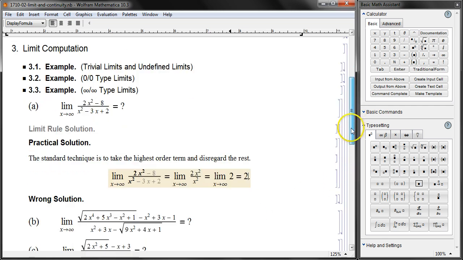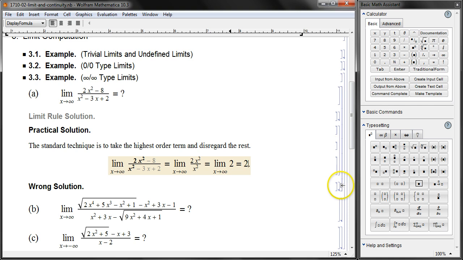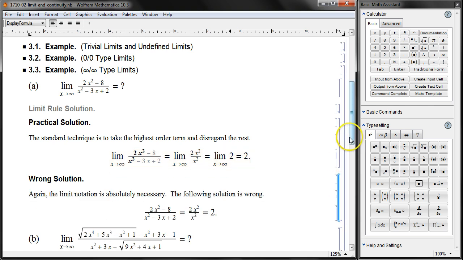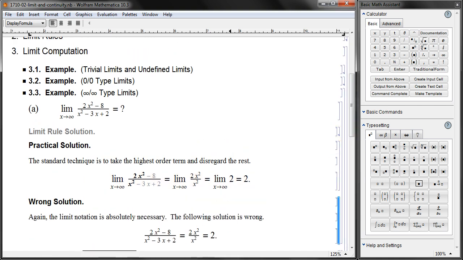But there's a bit of a warning. If you do not put your limits in the right place, this is not right, because this function and that function are totally different functions, and this right-hand side is a number, so you just made 2 equality mistakes actually. So this is going to be either 2 points off or 3 points off out of a total of 10, depending upon the grading scale.